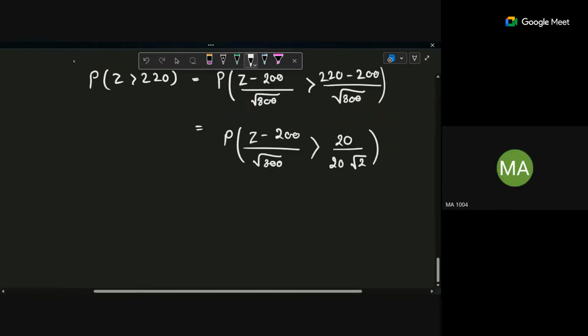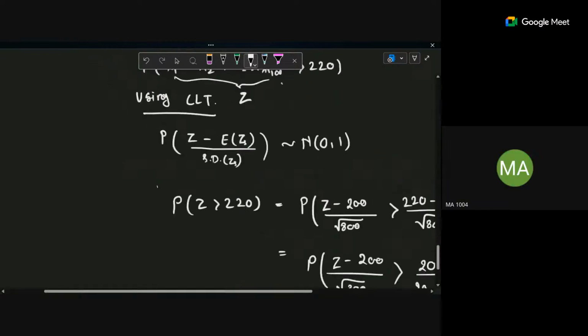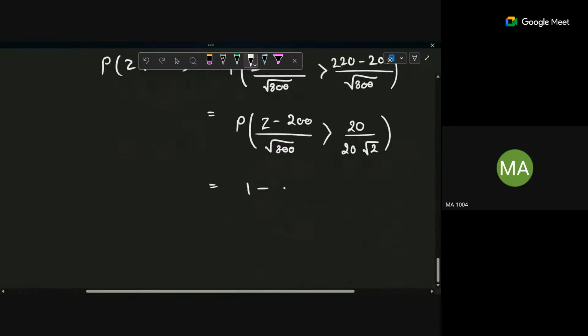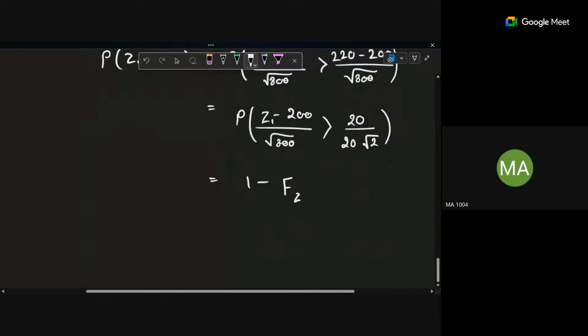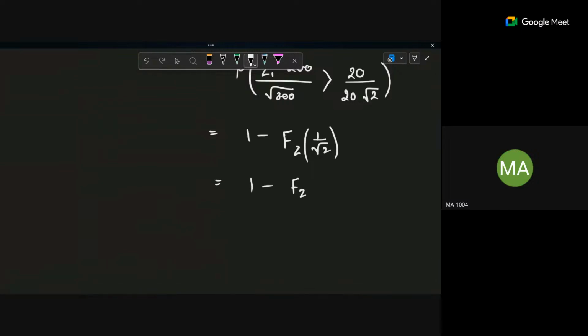So it is nothing but 1 minus Fz of 1 by square root 2, that is 0.707.